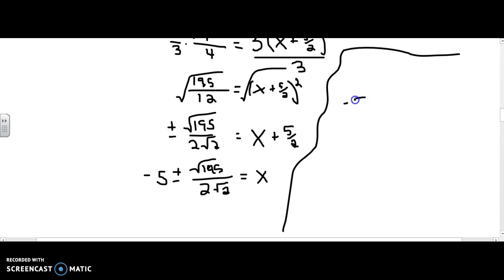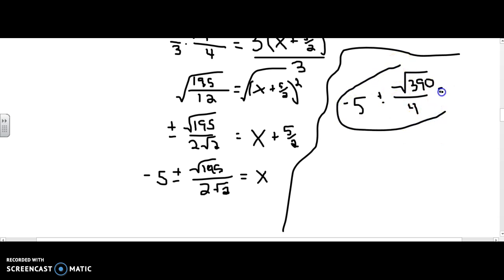In the denominator, I am going to get 4. And in the numerator, I'm going to get the square root of 195 times 2, which is 390. That's going to be my final answer, equals x.